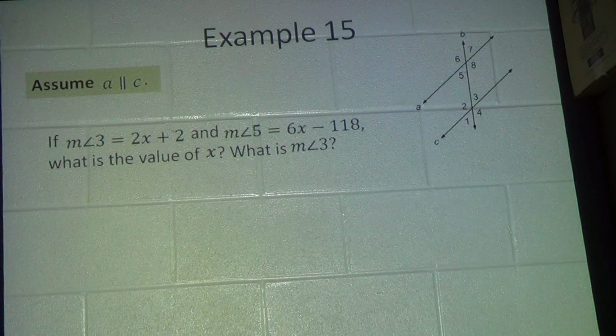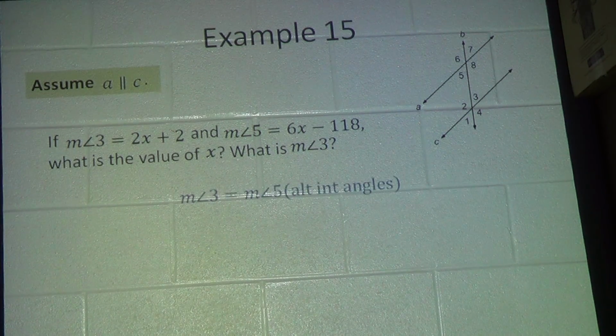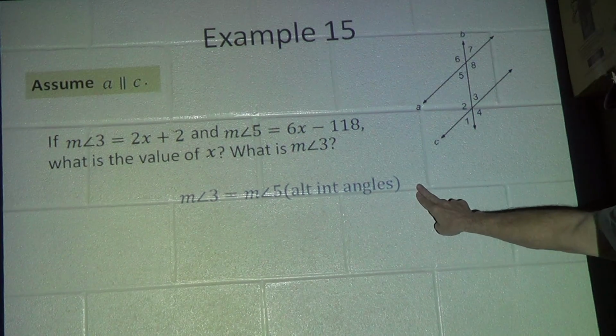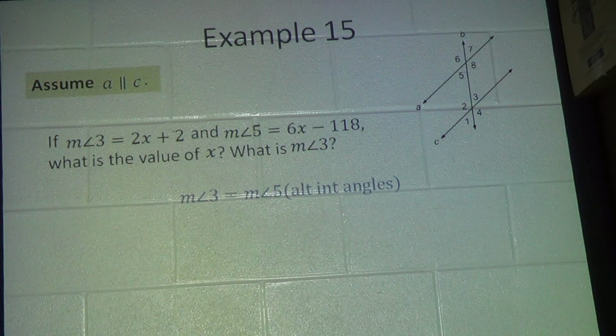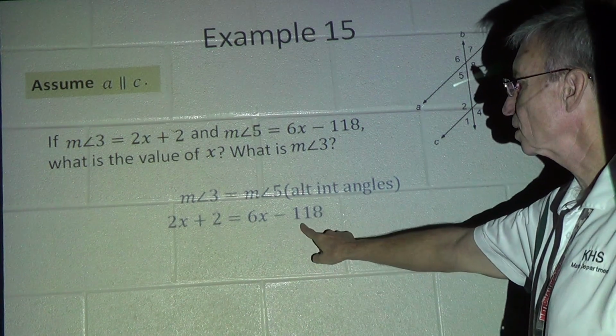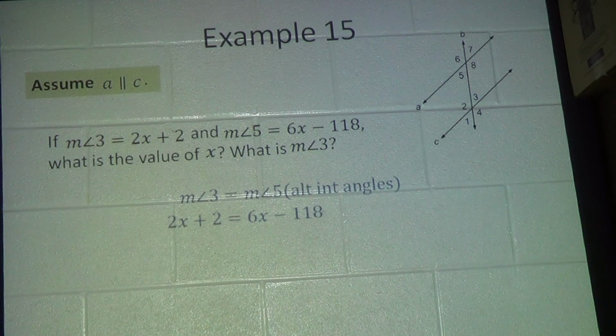So we can solve this by doing this. Okay? This is what they're doing here. They're going to substitute angle 3 for angle 5. Okay? So 2x plus 2 equals 6x minus 118. Okay, so what we have here is 2x minus 6x equals negative 118 minus 2.